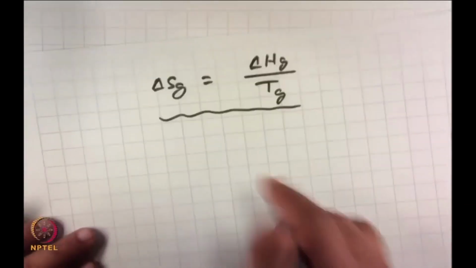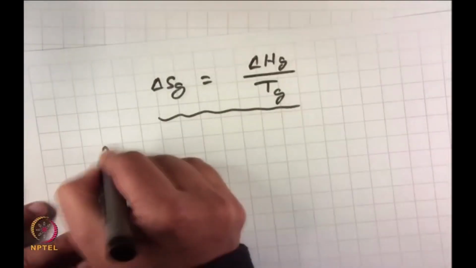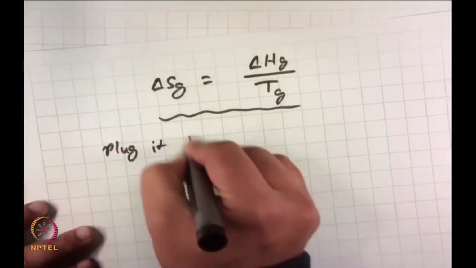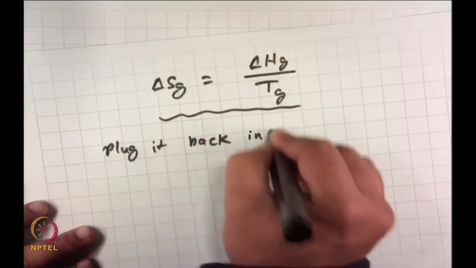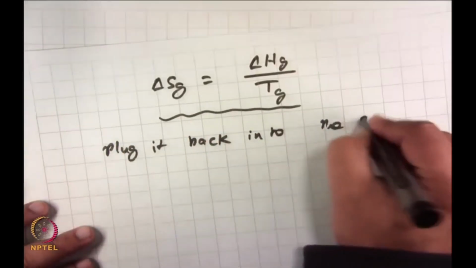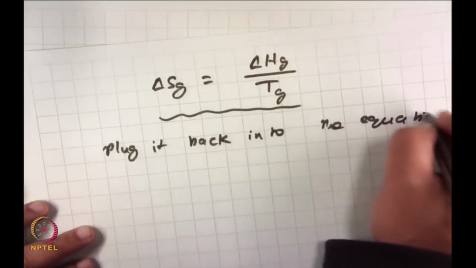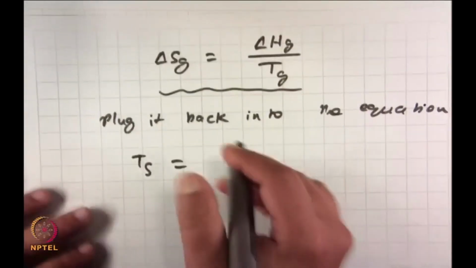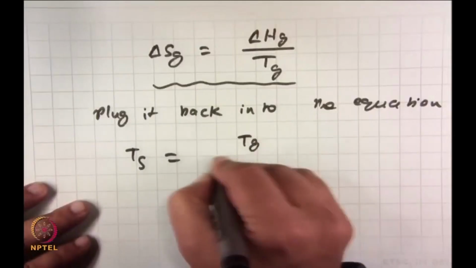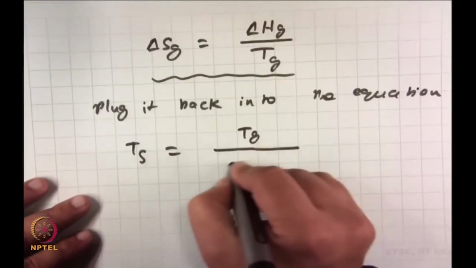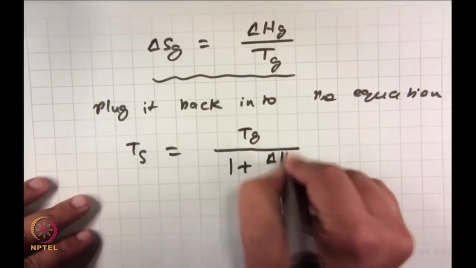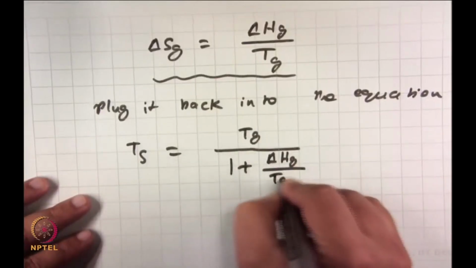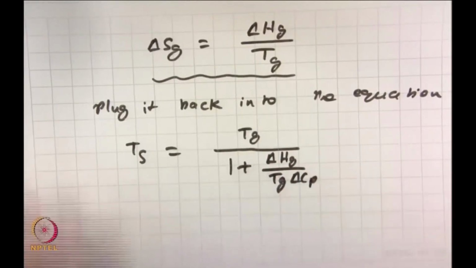So, what we will do is we will take this and plug it back into the equation to get T of S is equal to T of g over 1 plus delta H g by T g times delta C p.